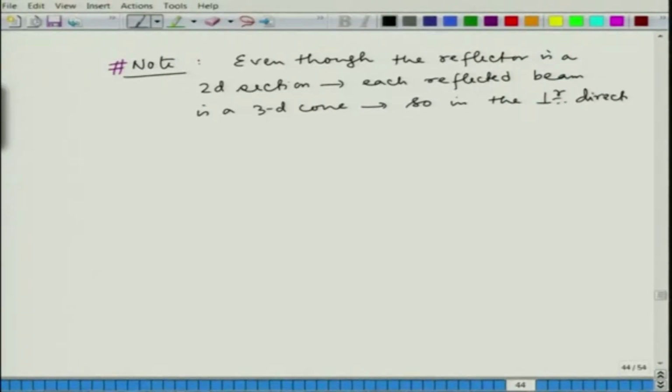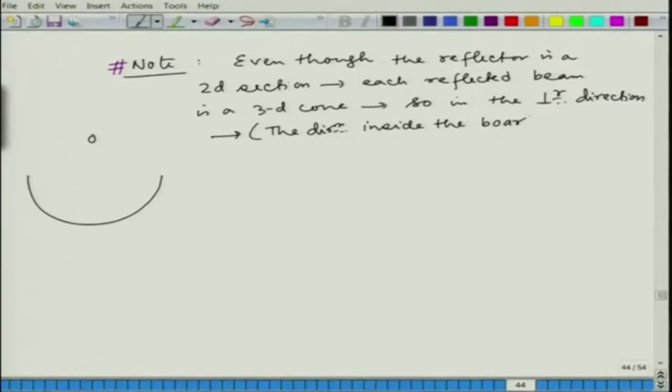So, in the perpendicular direction, that means if this is the parabolic trough, this is the receiver. Okay. So, the perpendicular plane or perpendicular direction is the direction going inside the board, which we often designate in this fashion.